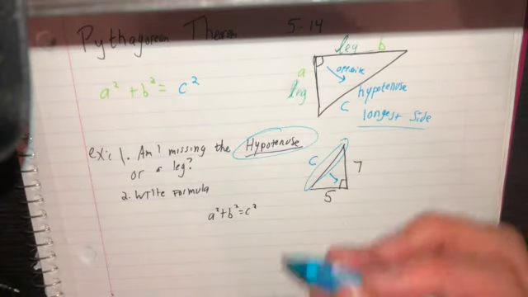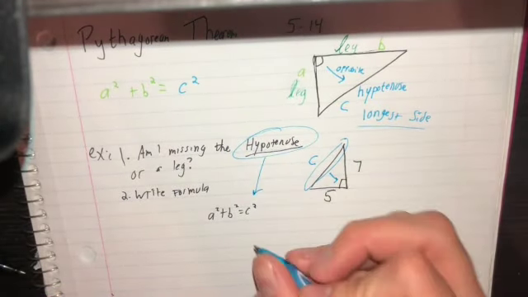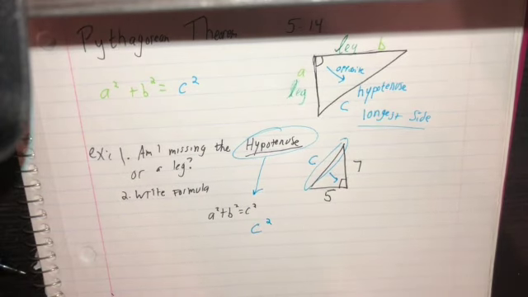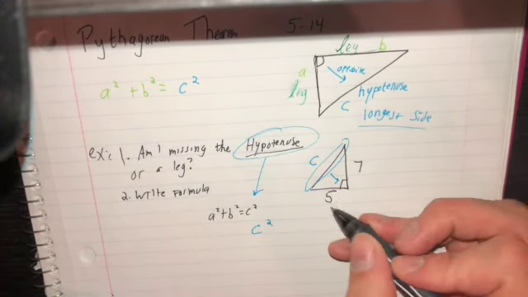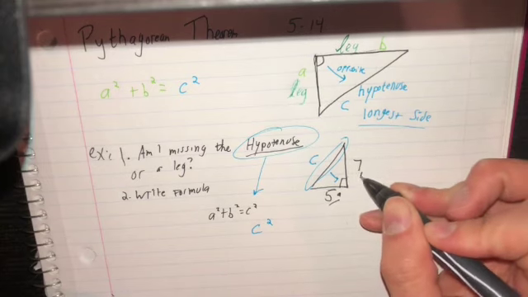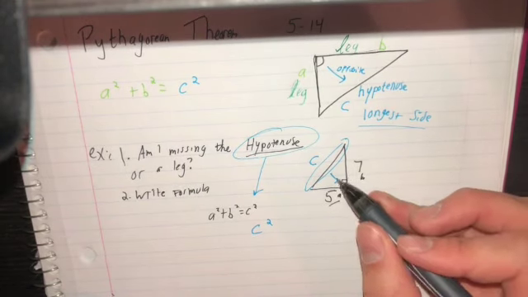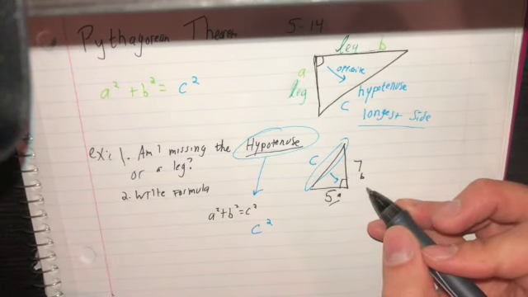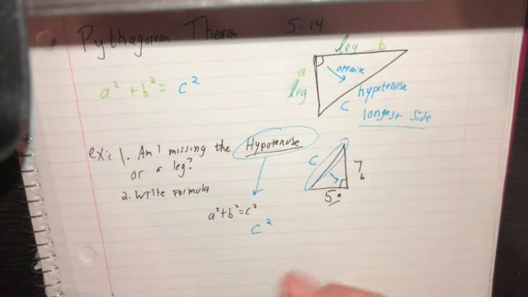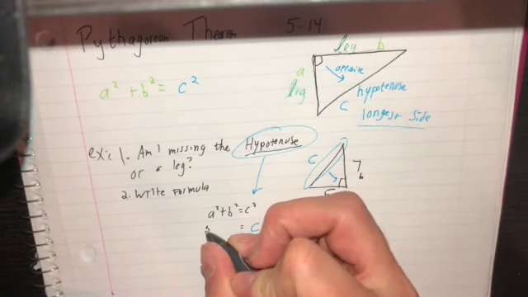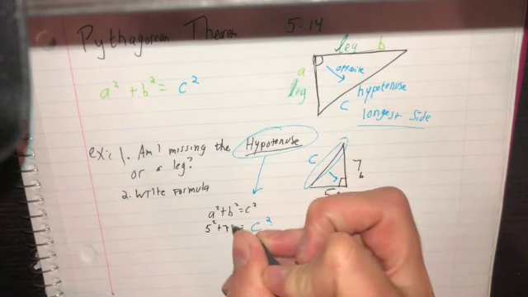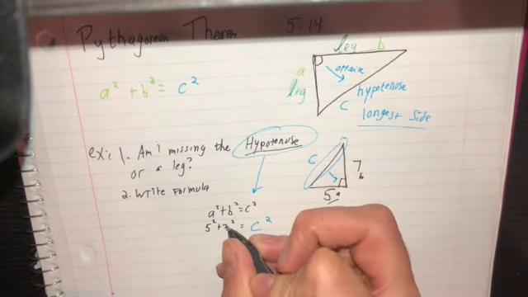And I'm missing the hypotenuse. That's my unknown. So I'm still going to have a c squared. But my legs are going to be 5 and 7. So let's write an a and a b there. It doesn't really matter which one's a and which one's b, as long as I know they're the two legs.